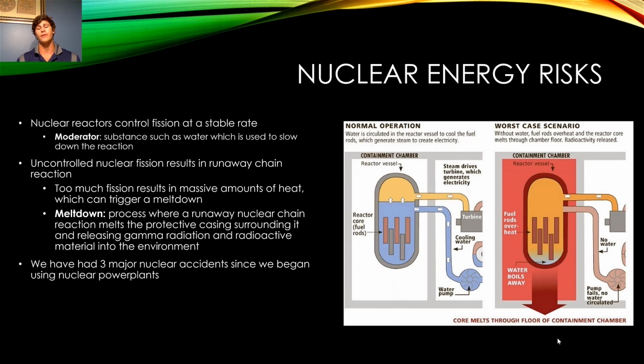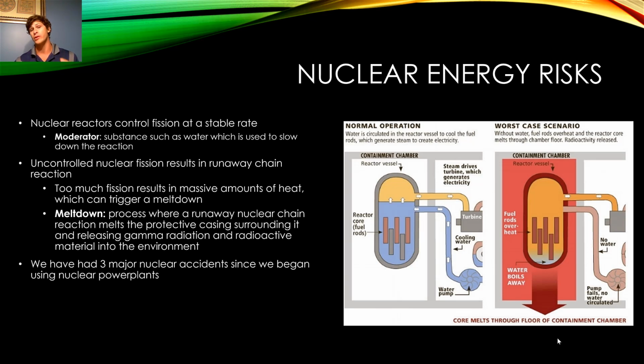Problems arise when nuclear fission becomes out of control and that nuclear chain reaction can actually break away and become incredibly unstable. Basically, too much nuclear fission results in massive amounts of heat energy released, which can trigger something called a meltdown. A nuclear meltdown is a process where a runaway nuclear chain reaction, that is, a nuclear chain reaction that has gone out of control, actually begins to melt the nuclear fuel rods which are generating the nuclear chain reaction.